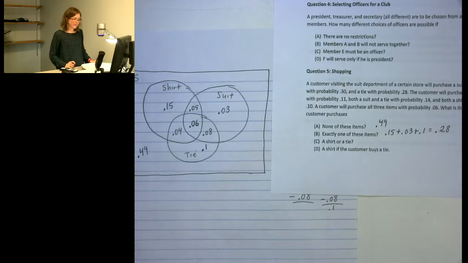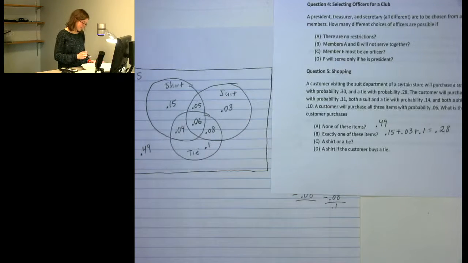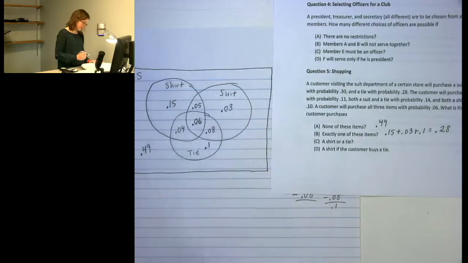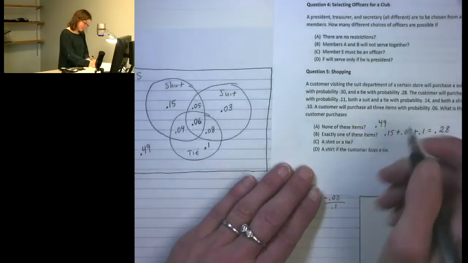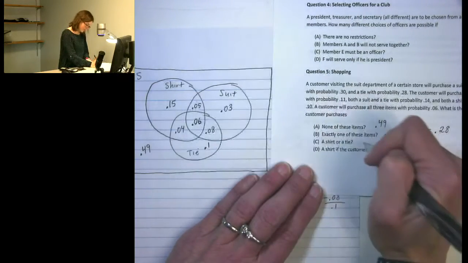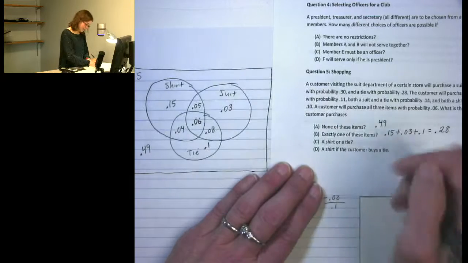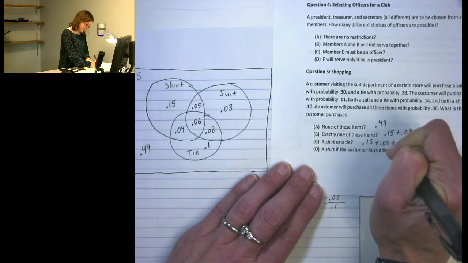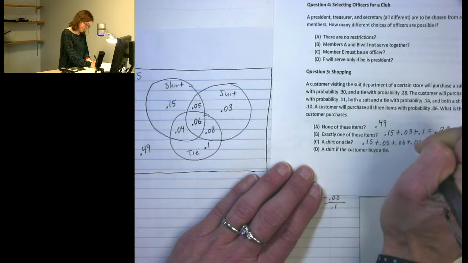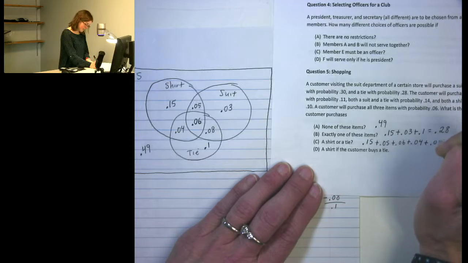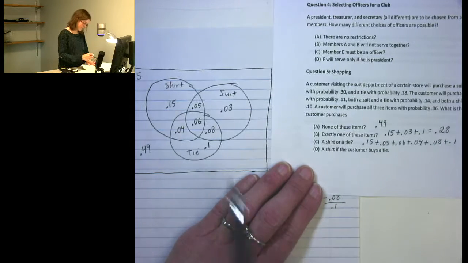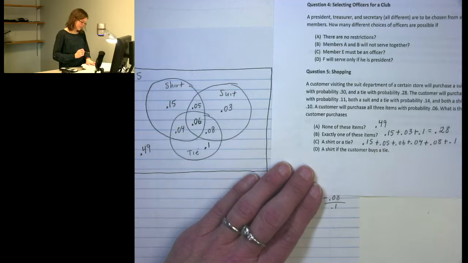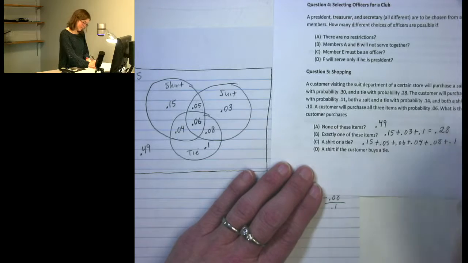A shirt or a tie. Keep in mind that's a shirt or a tie or both. I could add up these values here: 0.15 plus 0.05 plus 0.06 plus 0.04 plus 0.08 plus 0.1, everything that includes a shirt or a tie.